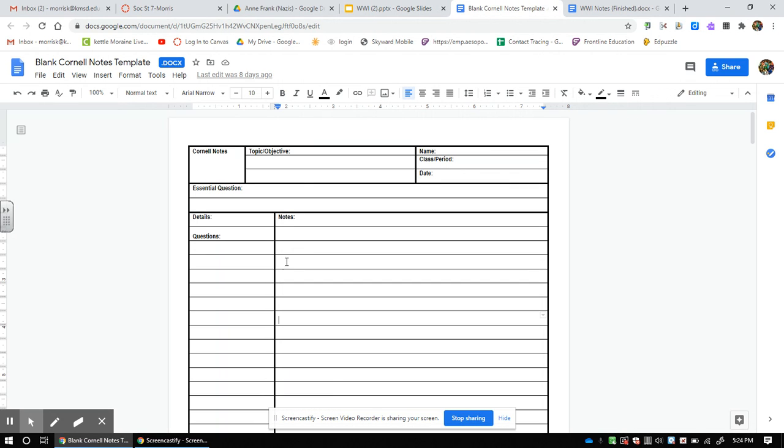So now we have our who, Franz Ferdinand and his wife. What? They were in a motorcade going to Serbia to a town hall when a bunch of assassins were along the route. Where? Serbia. Why? Because the Serbian nationalists were upset that the Prince of Austria-Hungary was ruling over them and they wanted them out.